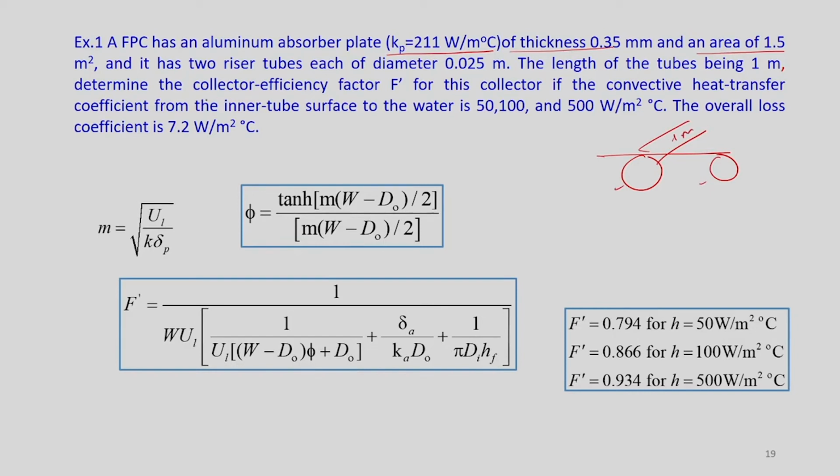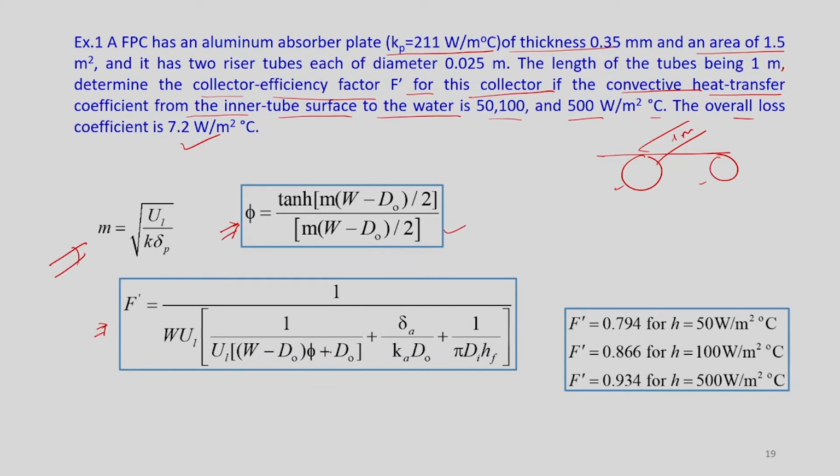Determine the collector efficiency factor F dash for this collector if the convective heat transfer coefficient from the inner tube surface to the fluid is 50, 100 and 500 watt per meter square per degree Celsius, and the overall heat transfer coefficient is given as 7.2 watt per meter square per degree Celsius. We know the expression for m, then the plate effectiveness, and F dash or collector efficiency factor.